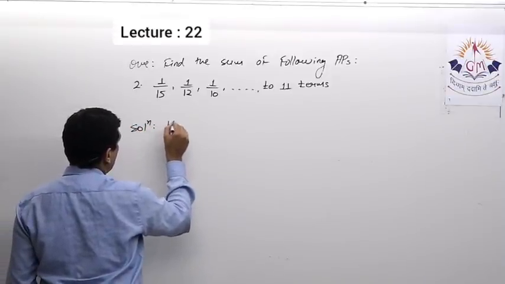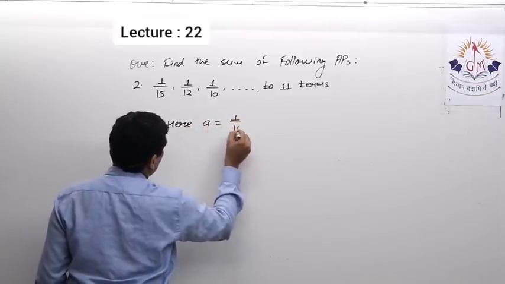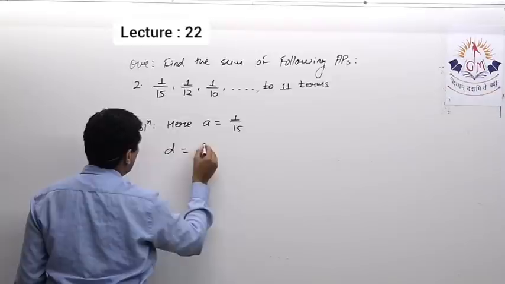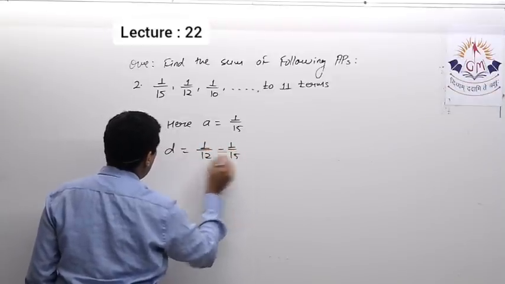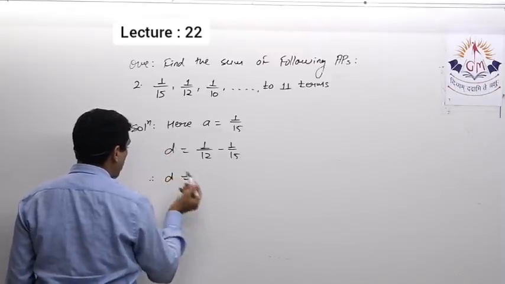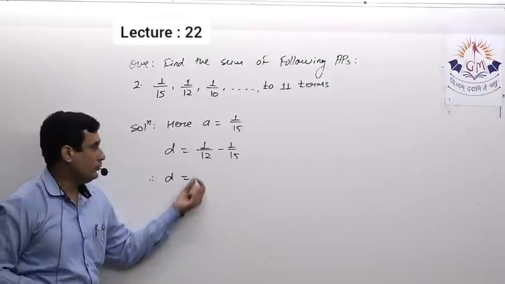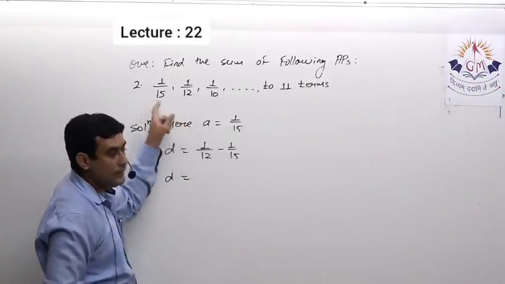Okay, so here a is equal to 1 upon 15, d is equal to 1 upon 12 minus 1 upon 15. Here it is a little bit, I won't say complicated, but yes, you have to show the calculation because it's not easy to calculate directly.